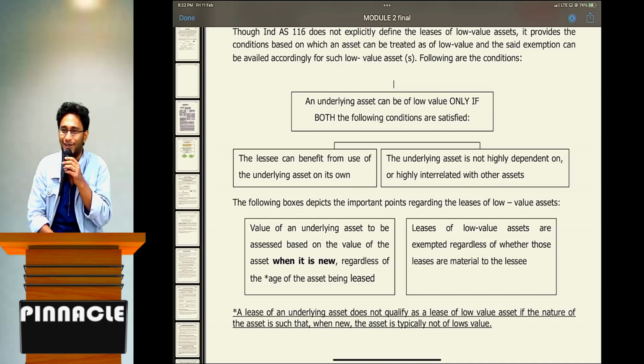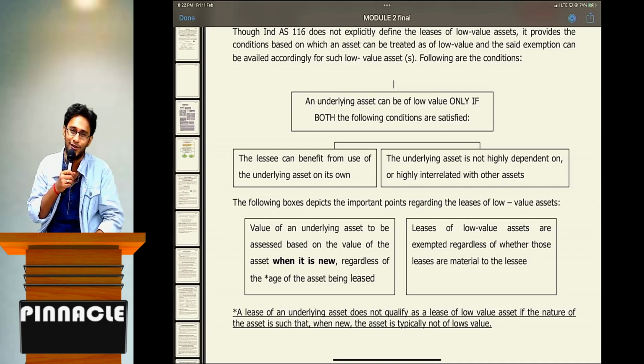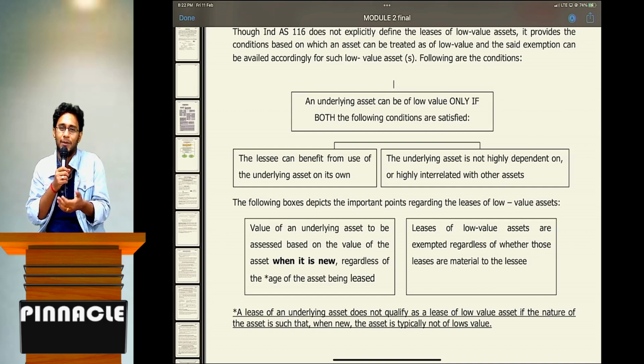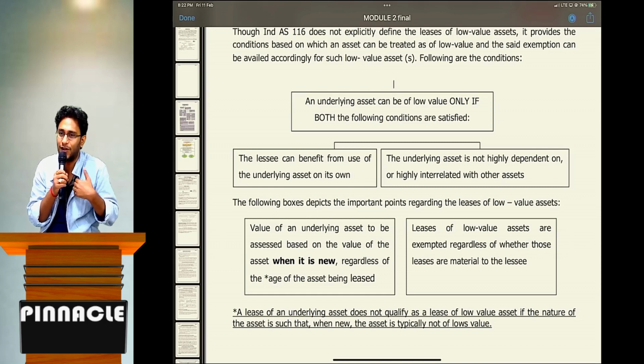If it falls on my leg, it'll hurt. So it's not even useful for playing. So the asset is basically not capable of giving benefit on its own. Or is it capable of giving benefit when it is joined with other resources which I already have? Which resource should I have? I should have a car, prima facie.